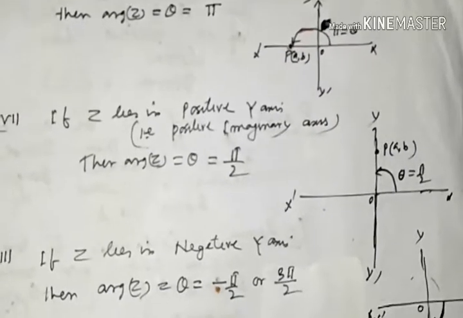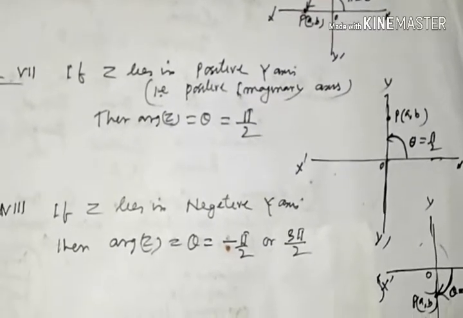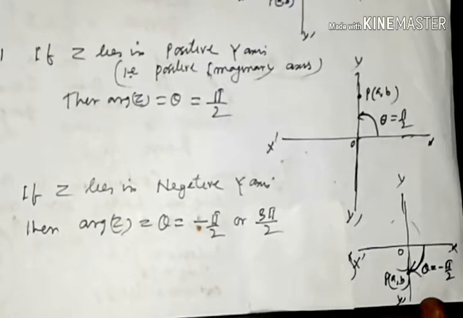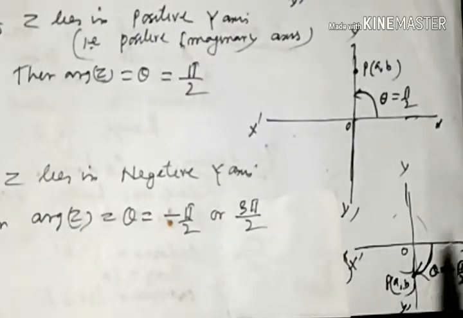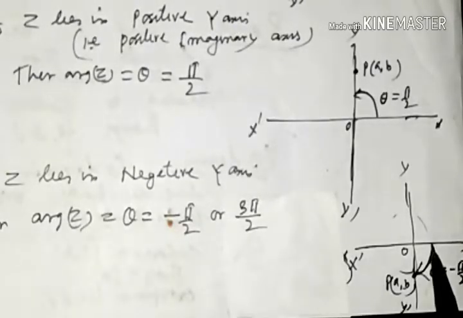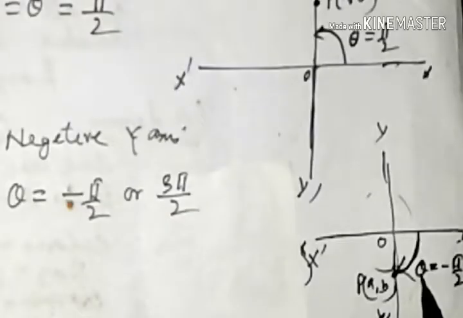And if z lies on the negative y-axis, this is the position of the point, and we can take the argument of z as this angle theta, which is minus 90 degrees because it is in the clockwise direction.